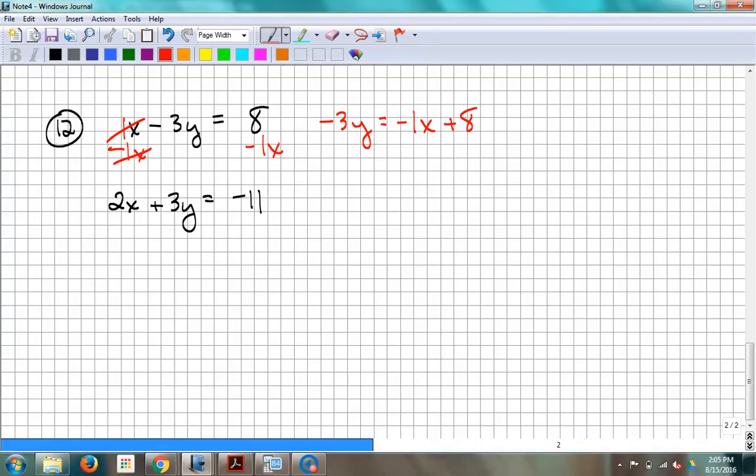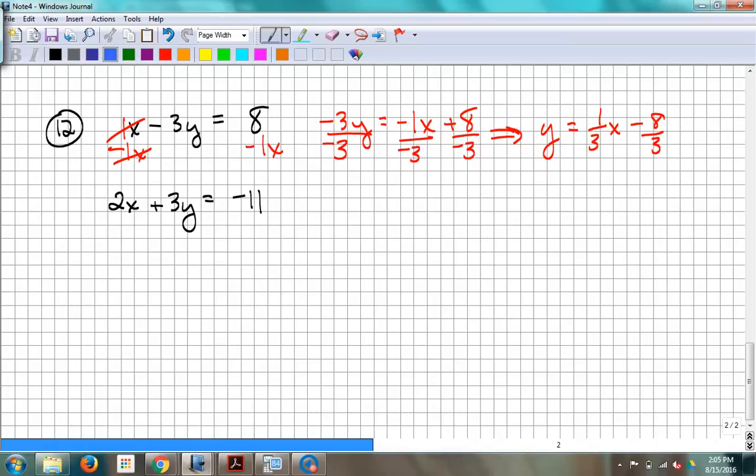And then how do I get rid of the negative 3? Divide by negative 3. So that one's going to turn into y is equal to positive 1/3 x minus 8 over 3. We're getting y by itself is all we're doing there.